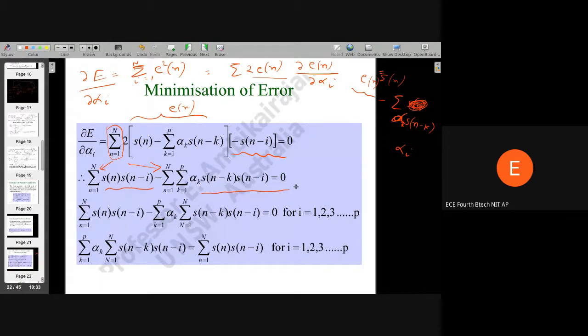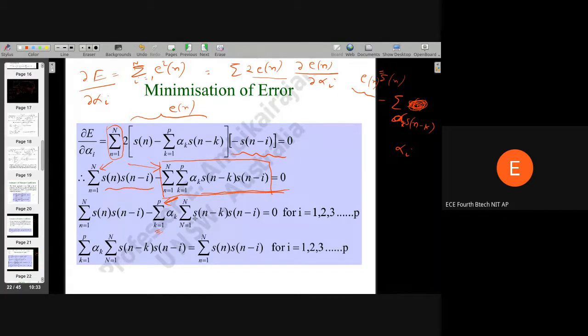So you can just rearrange. During simplification, you can rearrange this term. It's a simple property of mathematics. So you put k equal to 1 to p as the outer summation, and obviously alpha k will come because the variable k is now pulled out.